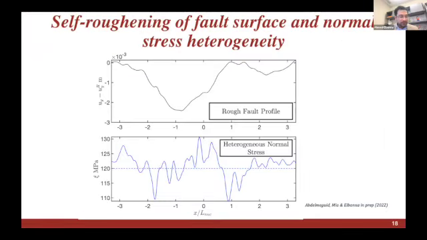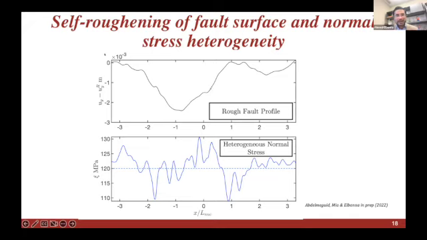And one thing that was surprising to us is as we look at the end results of the simulation, we also see, for example, evolution of the fault surface profile. Remember, we started with a planar fault, but if we look at the profile of the fault at the end of the simulation in the transverse direction, we actually see that it develops quite significant undulations on both long wavelength and short wavelength.